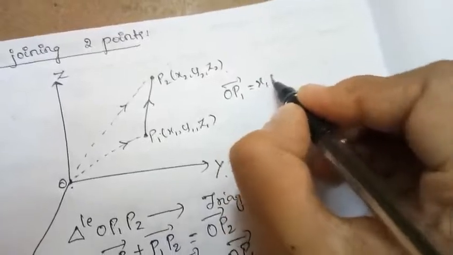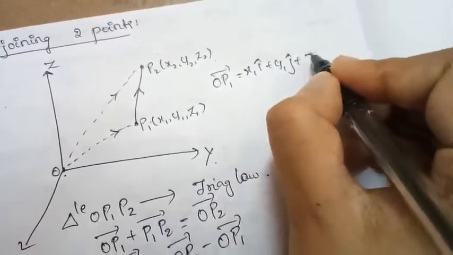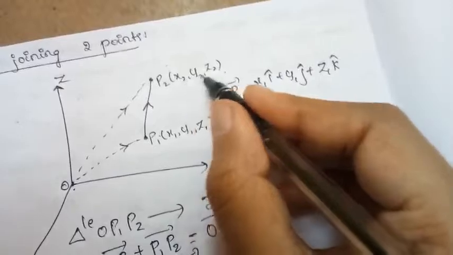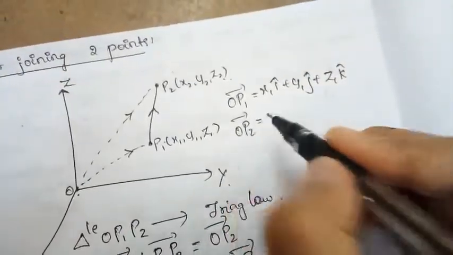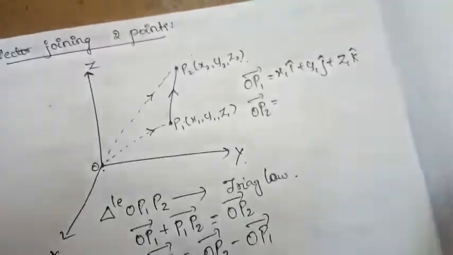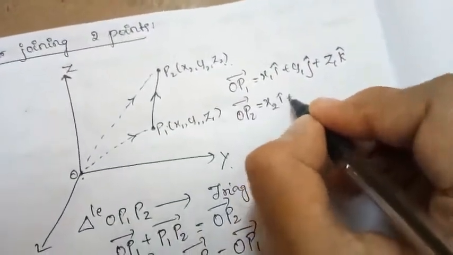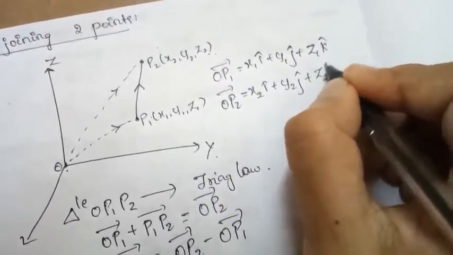It is nothing but x1 i cap plus y1 j cap plus z1 k cap. So OP2 is also a position vector and x2, y2, z2 are the coordinates of point P2, then what is the component form of vector OP2? It is nothing but x2 i cap plus y2 j cap plus z2 k cap. So now I apply that to this one.